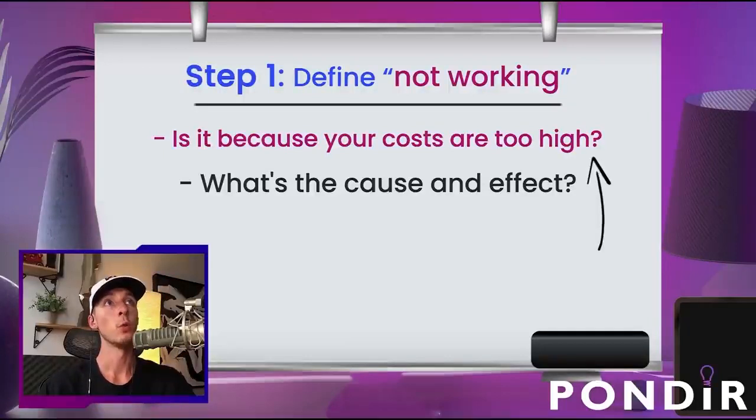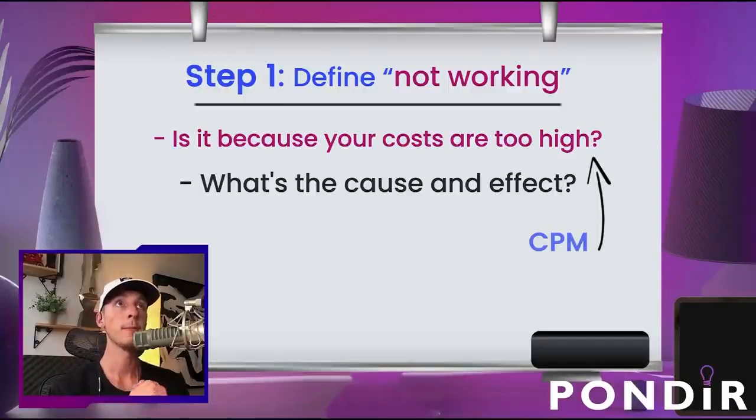All right, so when it comes to this, because this is most likely the issue, my costs are too high, look at your CPM. CPM, once again, go ask Milo what CPM is, but CPM is a cost per 1,000 impressions. This is how much you pay to show your ad 1,000 times. CPM directly influences all of the correlated costs below it.